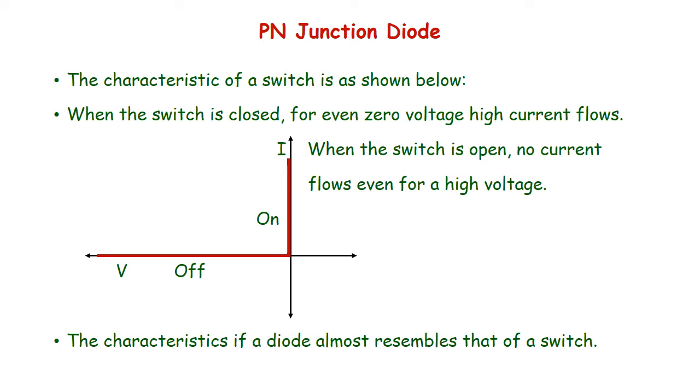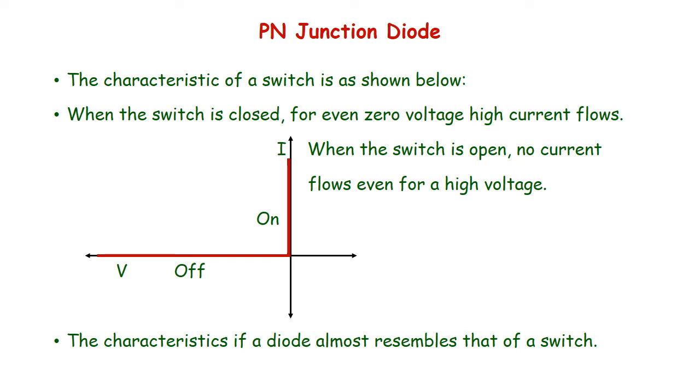And an ideal diode should have characteristics of a switch, which means when it is forward biased, it should conduct. That means even for 0 voltage, current should flow without any restriction.